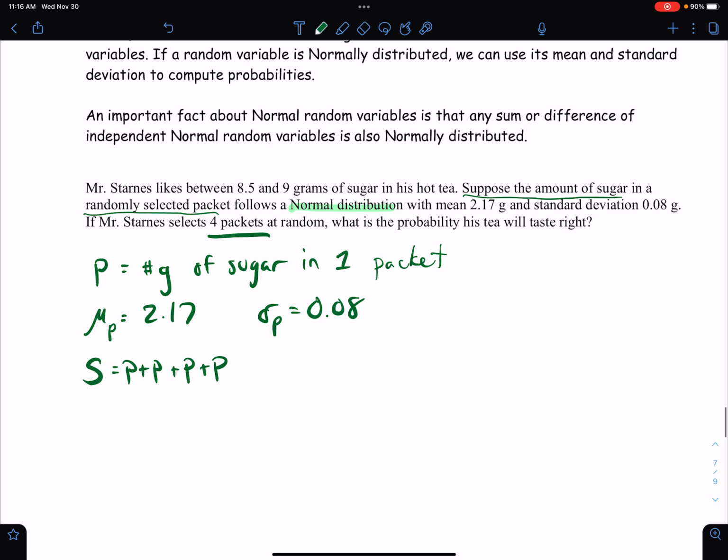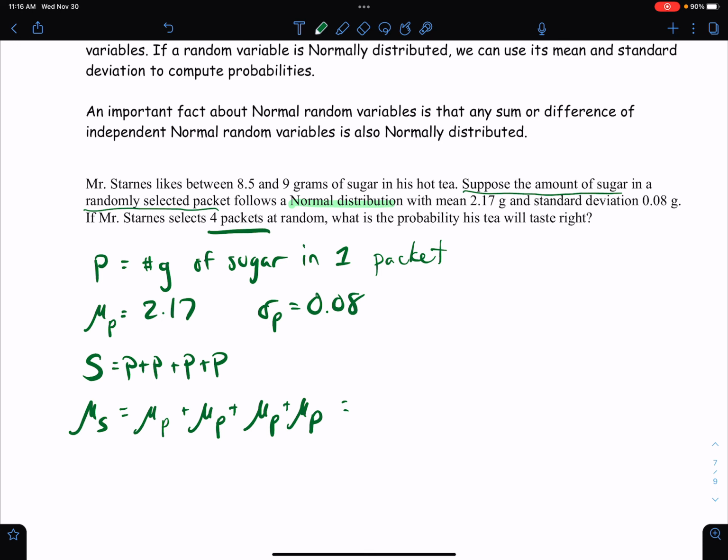So if I want to find the mean of S, what I need to do is add the mean of P 4 times, because there's 4 packets. So that's really just 2.17 added 4 times, or 4 times 2.17. That gives me the mean of S, which is 8.68. So that's going to be our mean in our normal CDF.